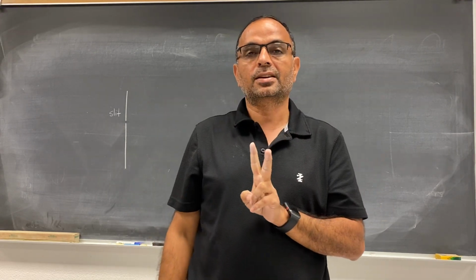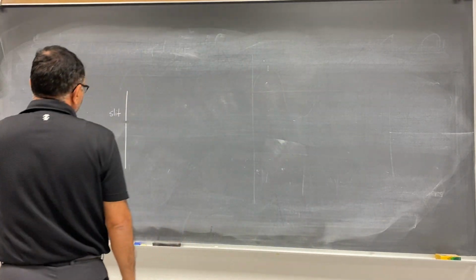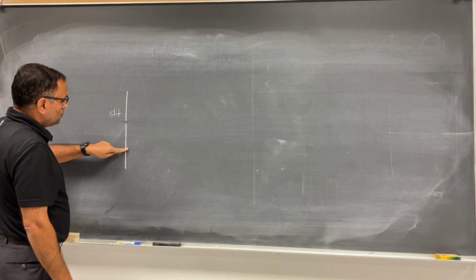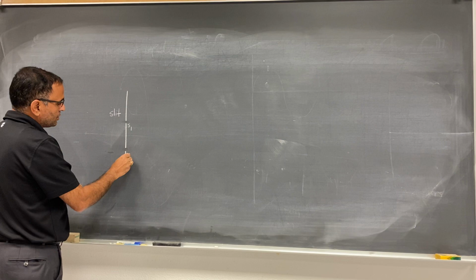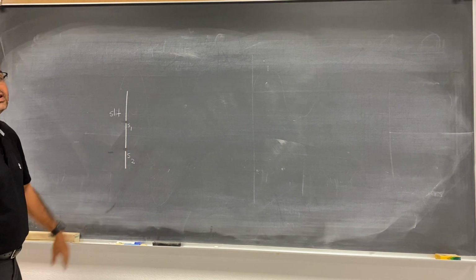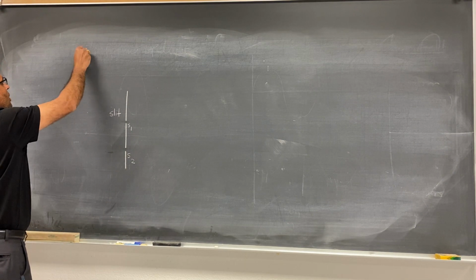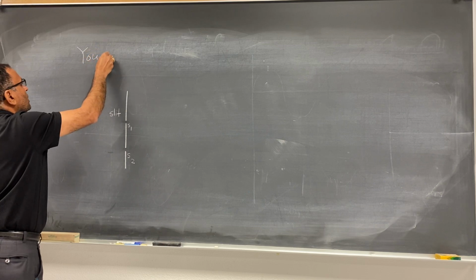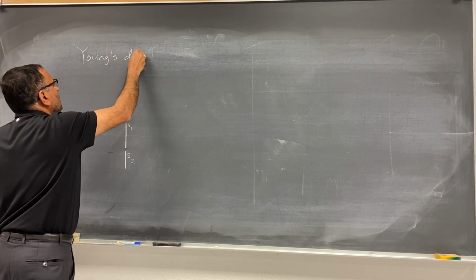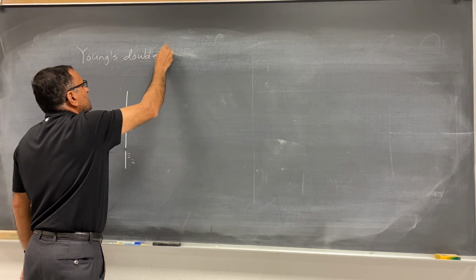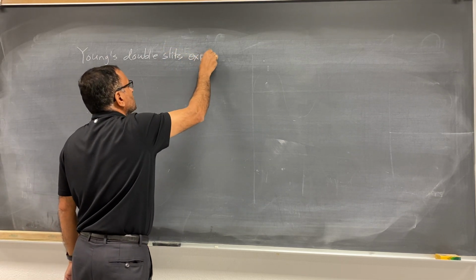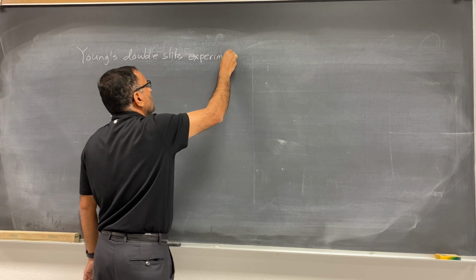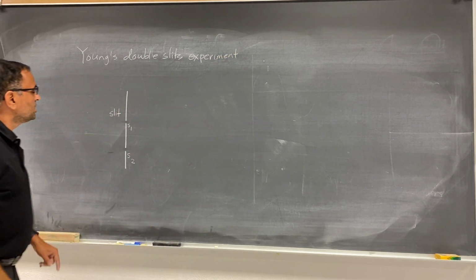We call it a slit. But there are two slits. Let me call this S1 and this S2. Two slits, so this is a double slit. That is why we say Young's double slit experiment.